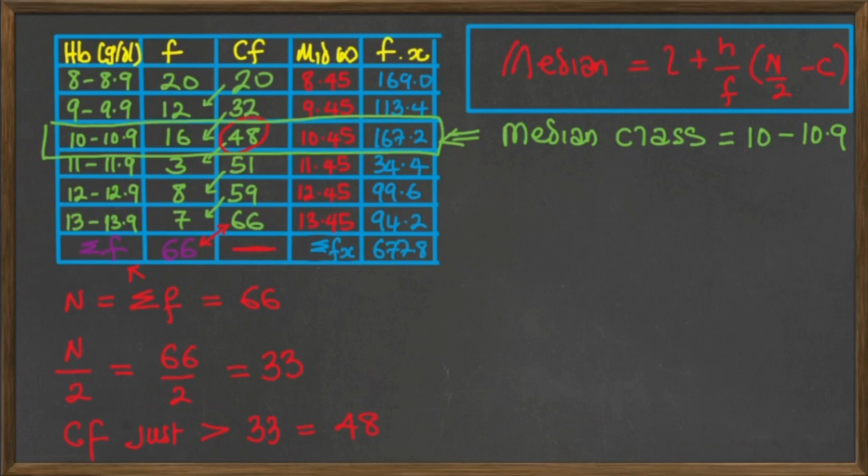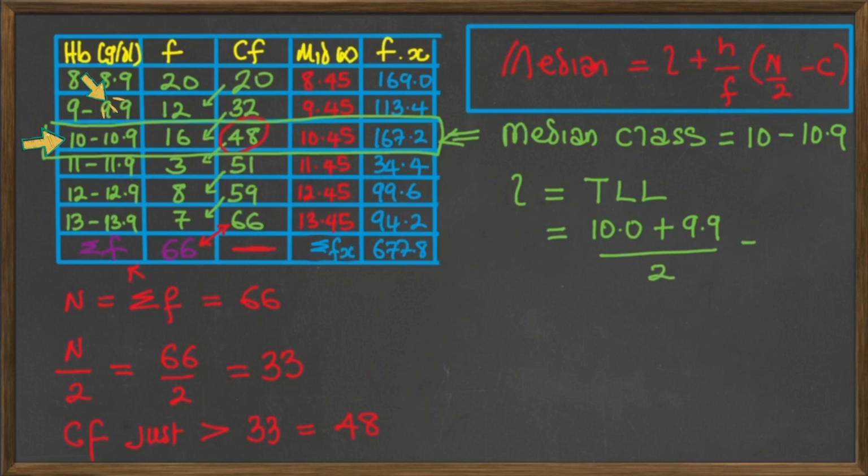All right, so remember, our L is the true lower limit. And to get the lower limit, that's the lower class boundary, right? So we will need to add 10.0 plus 9.9 divided by 2. We'll have 9.95. Just picture it like this.